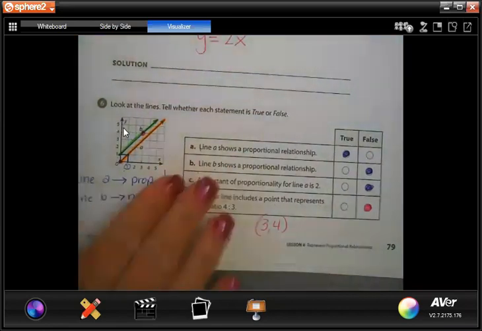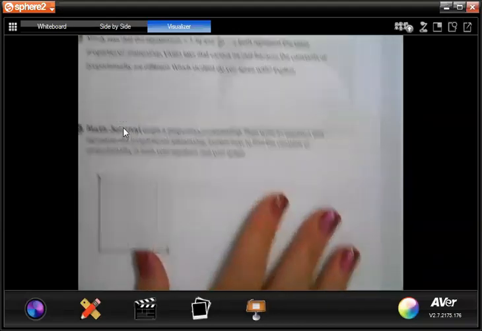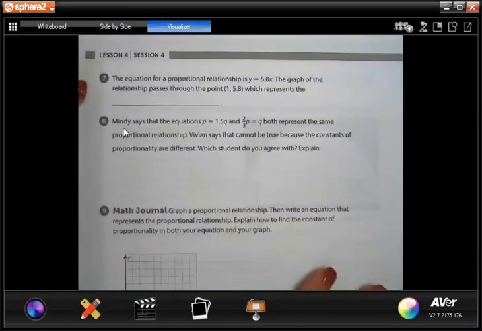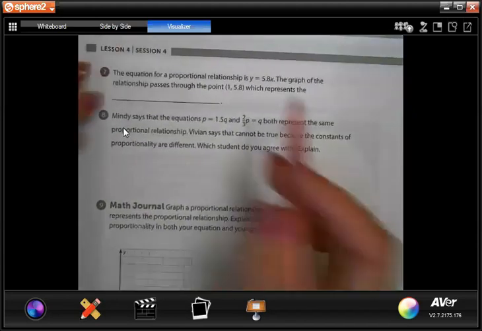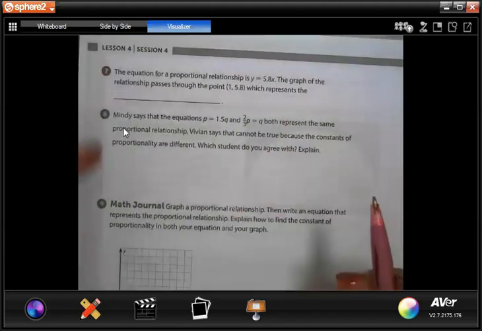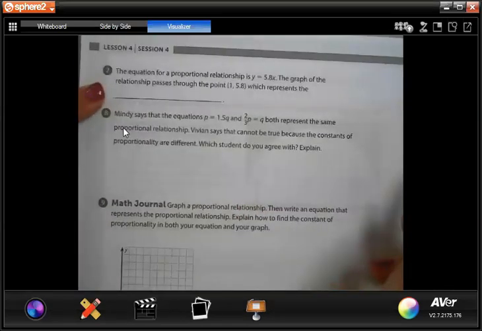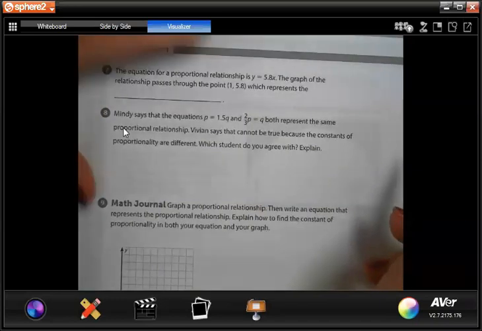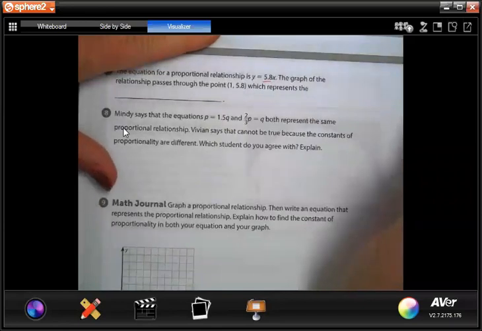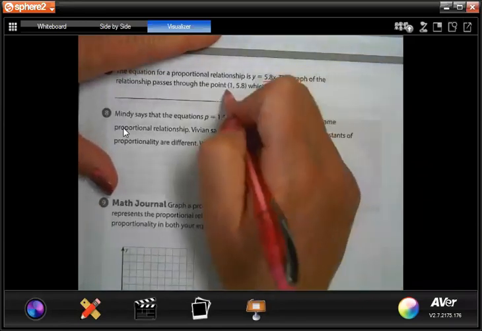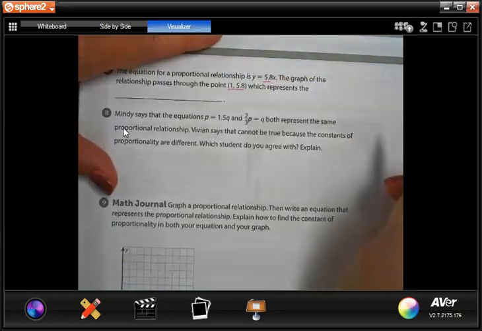All right, and the last one we're going to talk about today is number 7. The equation for a proportional relationship is y equals 5.8x. The graph of the relationship passes through the point 1, 5.8.